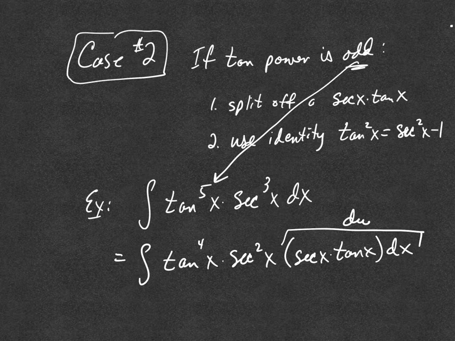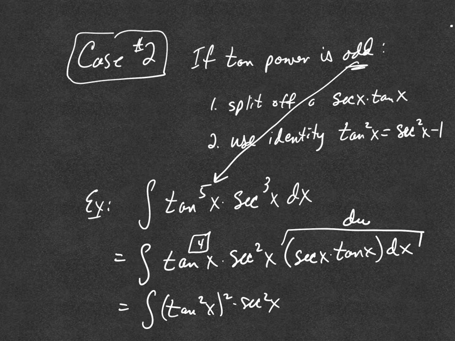All right, but the next thing we do is anywhere I see tangent squared, I replace that with secant squared minus 1. Well, I don't actually have tangent squared. Right now I've got tangent to the fourth. So I need to think of tangent to the fourth as being tangent squared squared. And it's just going to take me a little while to write down all of the other terms. There we go. And now use the identity.